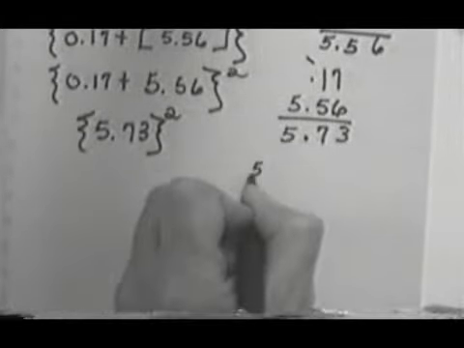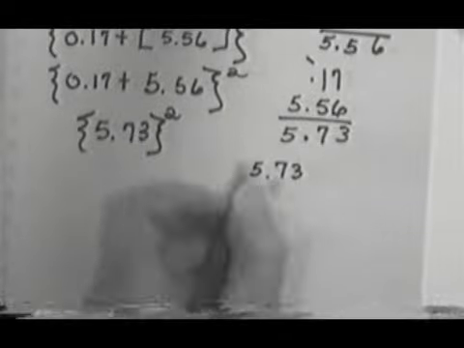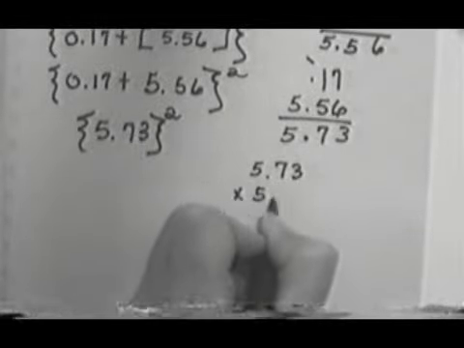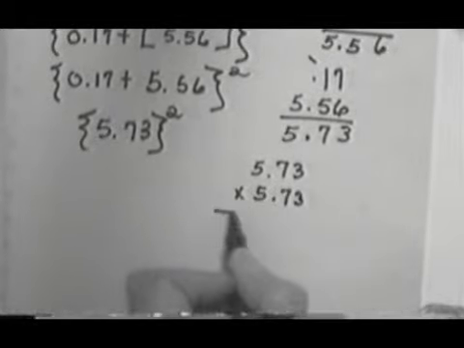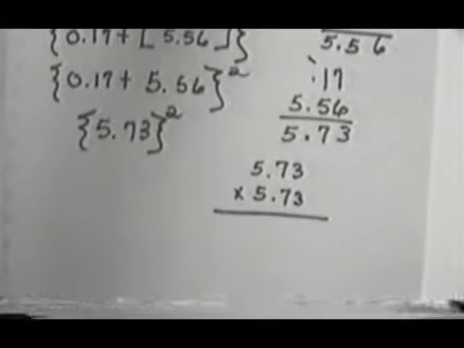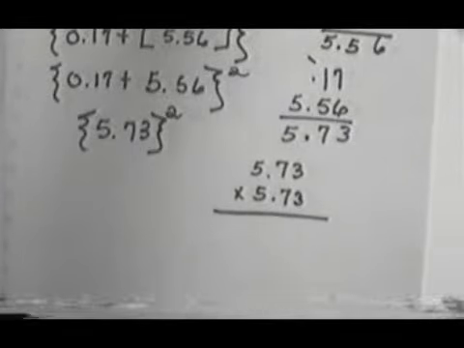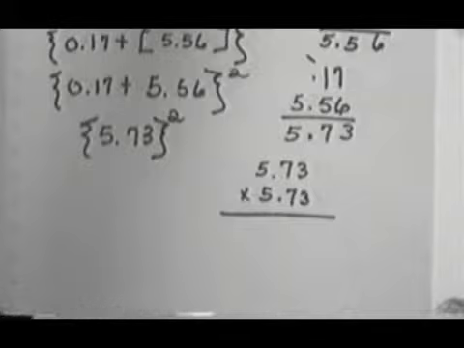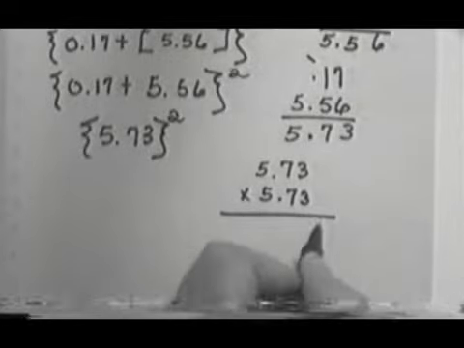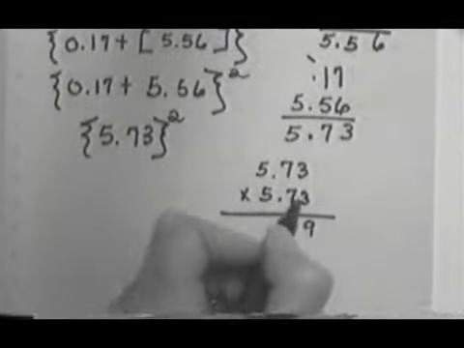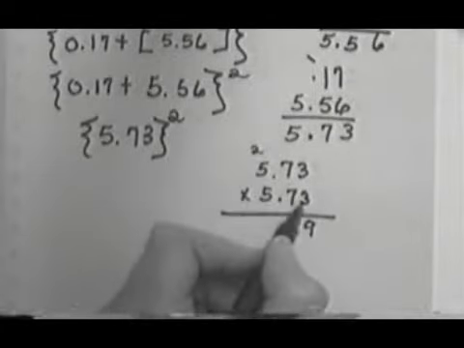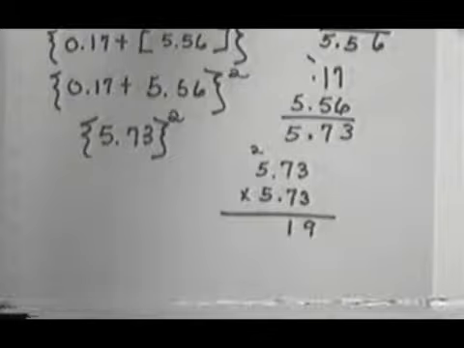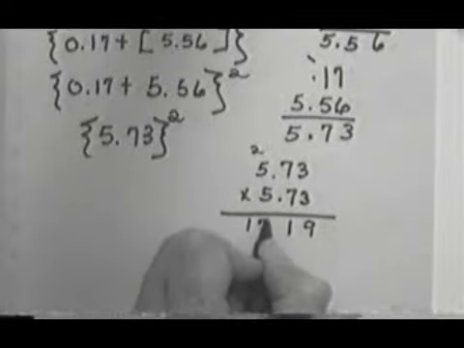So we have 5.73 times 5.73. Three times 3 is 9. 3 times 7 is 21. Carry our 2. 3 times 5 is 15. And 2 is 17.